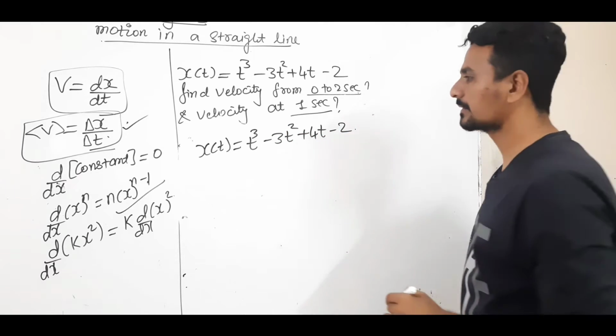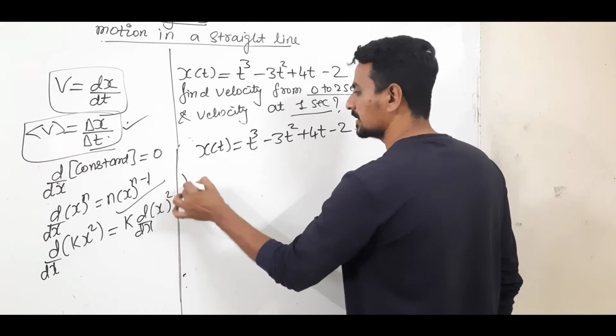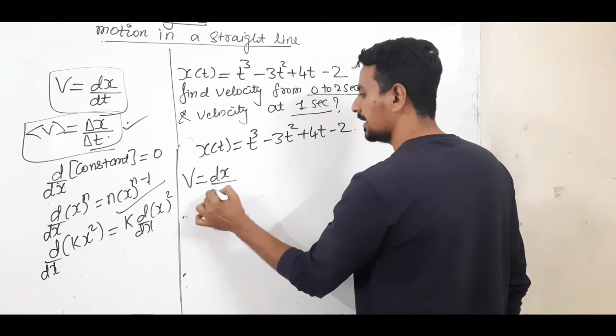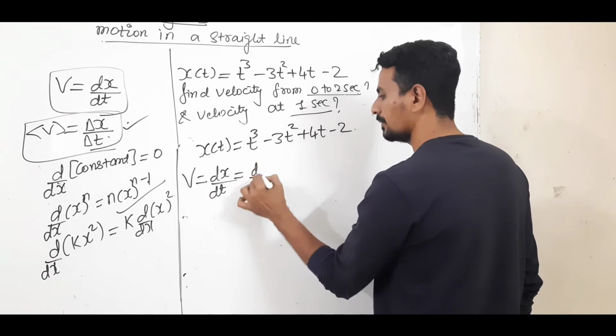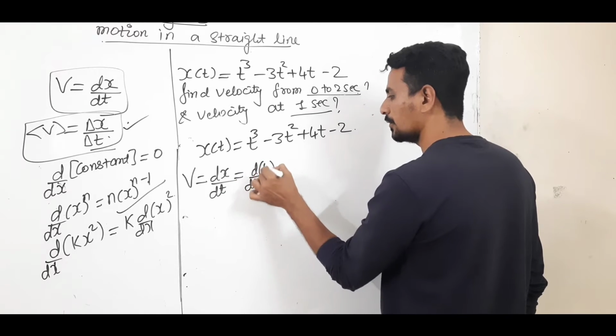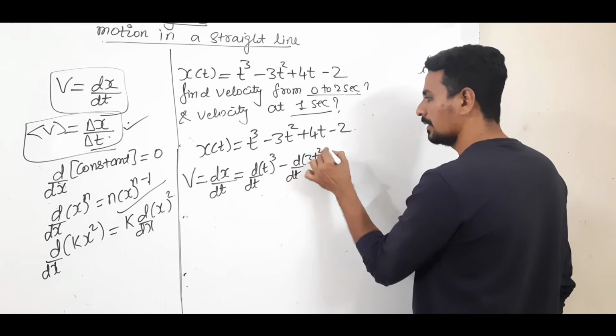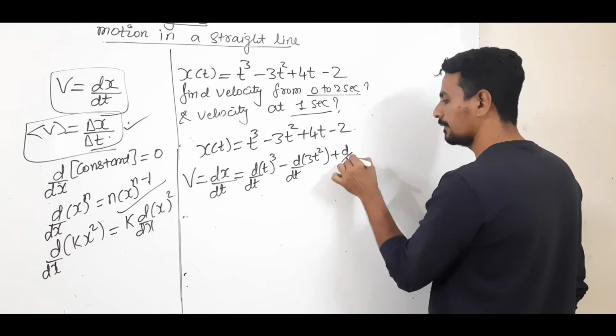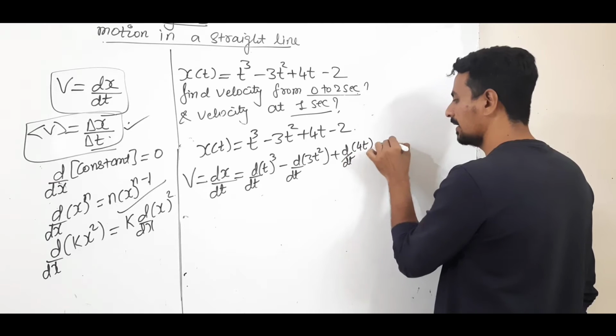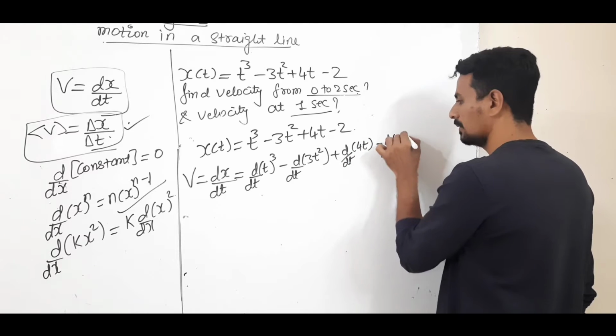We'll differentiate this. Instantaneous velocity is dx by dt. This is equal to d by dt of t cube minus d by dt of 3t square plus d by dt of 4t minus d by dt of 2. Right?